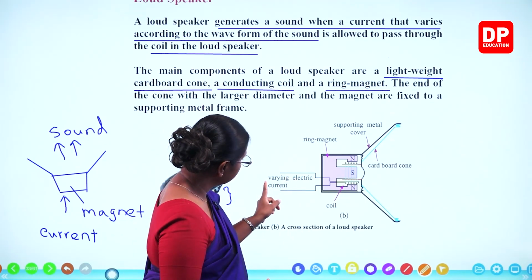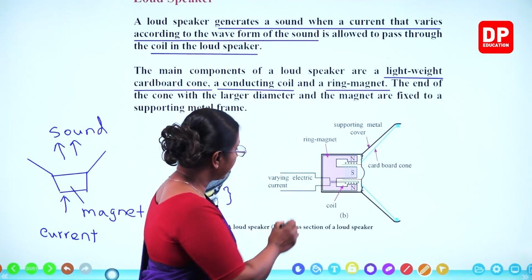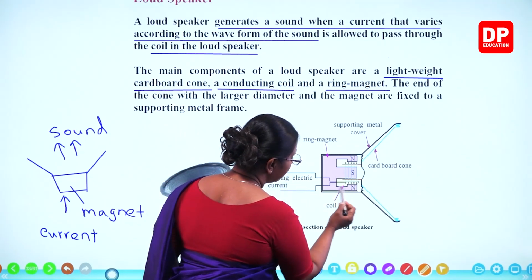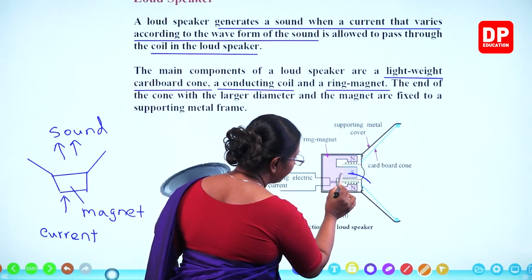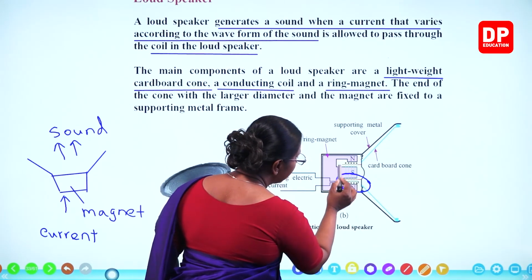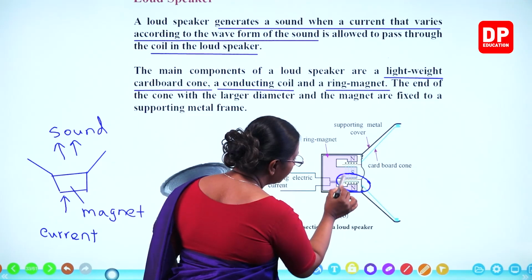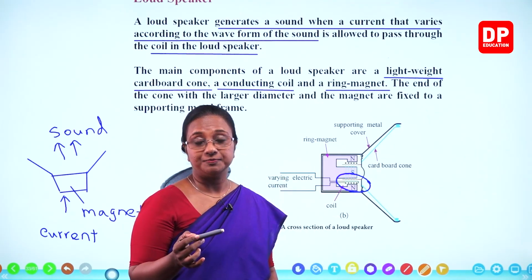Then you can see here there is a varying electric current being supplied. Now that is this conductor. If you look at this part, students, you can see the conductor that is connected to these blue color lines. Those are the wire coil.